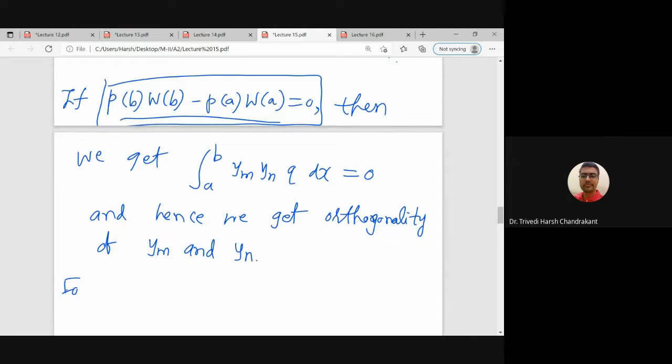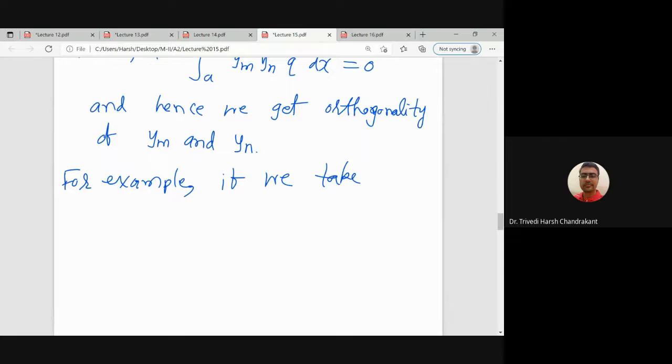So for example, if we take a special condition like y(a) equals 0 and y(b) equals 0.